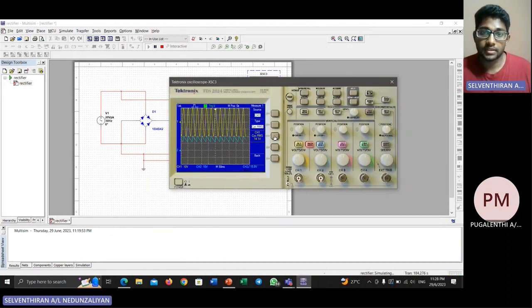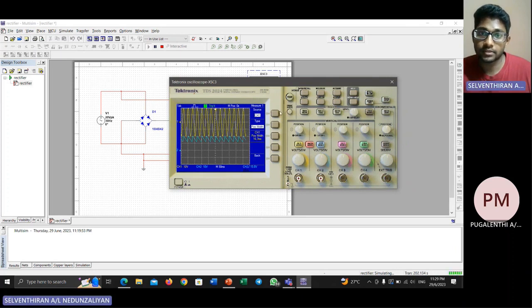The channel 1 Vrms, the RMS cycle value, is 14.1. And then the maximum output value we get is 90.9 volts.